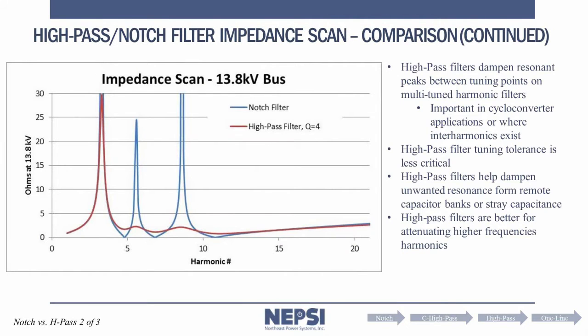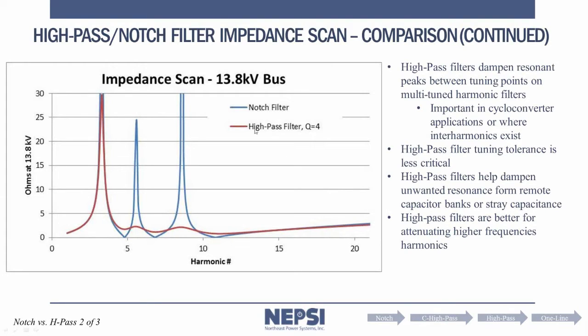You can see that for a notch filter, the blue curve here, you get very good and effective filtering at the 5th harmonic and the 7th harmonic and the 11th harmonic, but there are high peaks, these anti-resonant points that you get in a notch filter system.